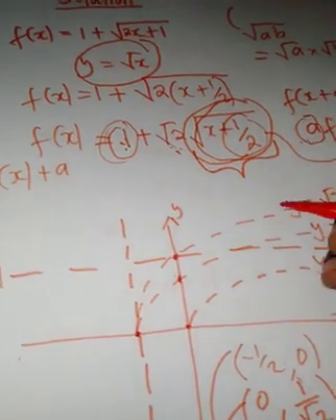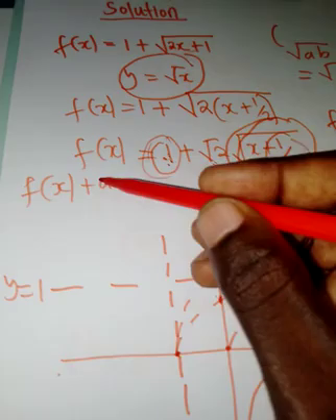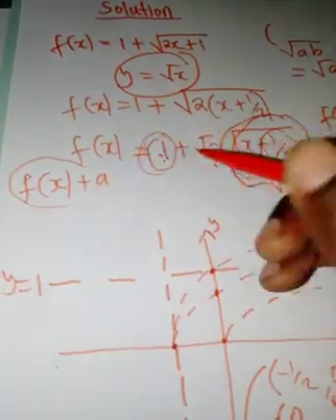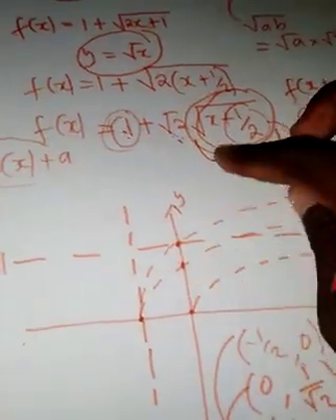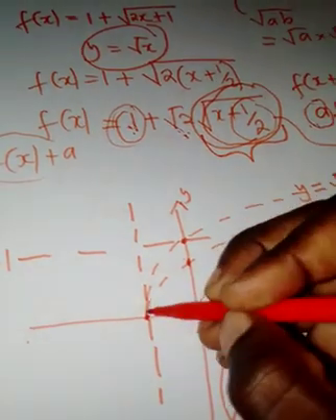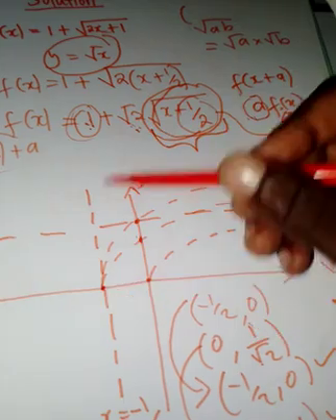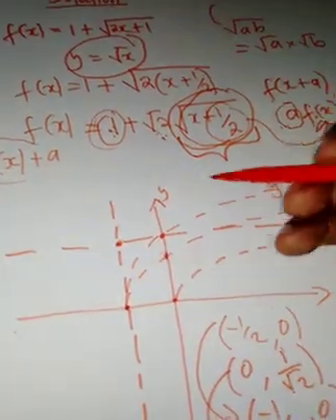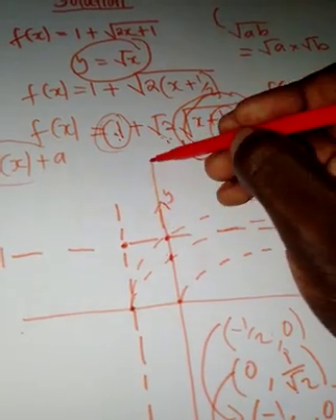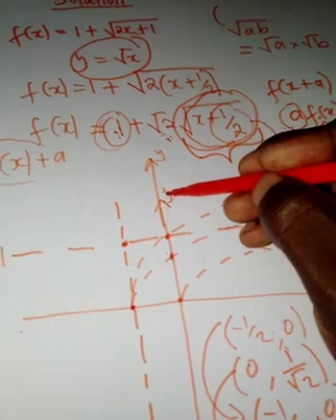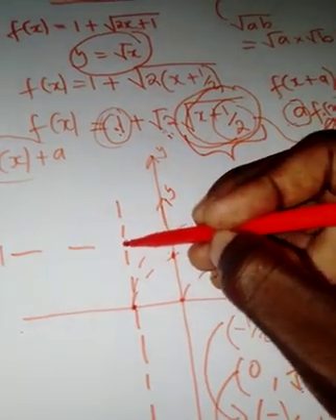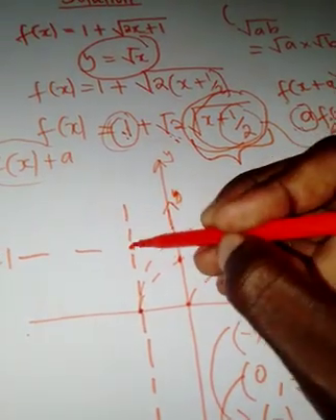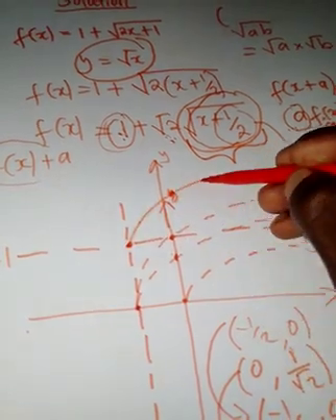Then how does this affect our graph? Remember I said this is our vertical translation, meaning the graph can move up or it can go down. So this point will actually move up, so it will go to that point there. Initially we were supposed to extend this so that we can have our graph going like that.